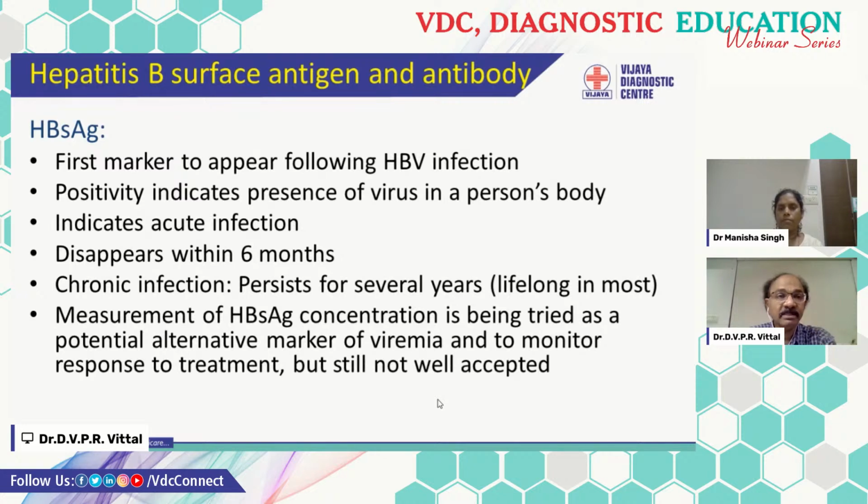Hence, this is also called Australian antigen, and this is the first marker of hepatitis B viral infection seen in blood. The positivity of this particular antigen indicates that the virus is present in the person's body or he is exposed. Now, this indicates acute infection of the patient.